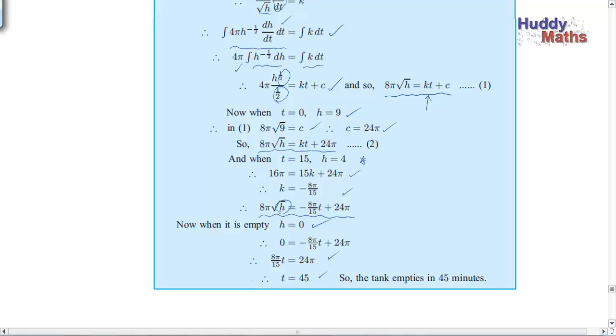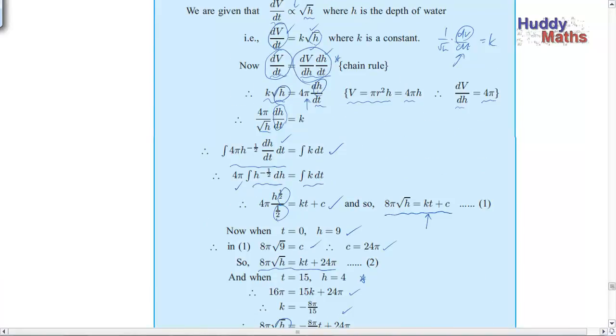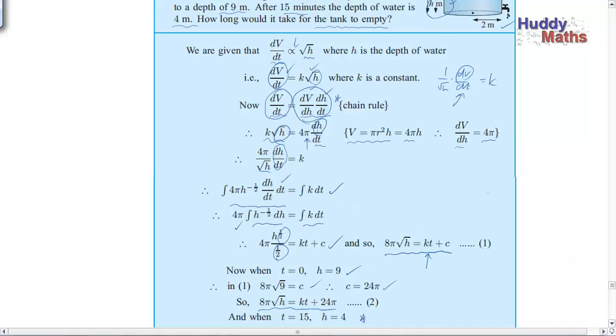So can we just recap on this up here, the idea that these didn't match. Okay, so it's an important idea here that to solve this, you had to get a dh by dt in there. Okay, so this is hard, to get this to a point where you can get rid of the dv by dt.